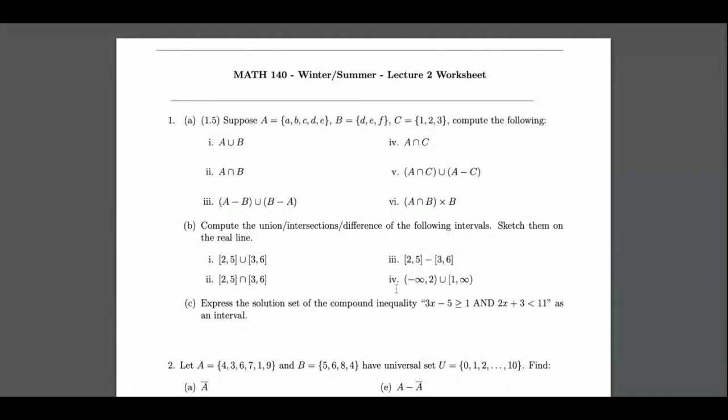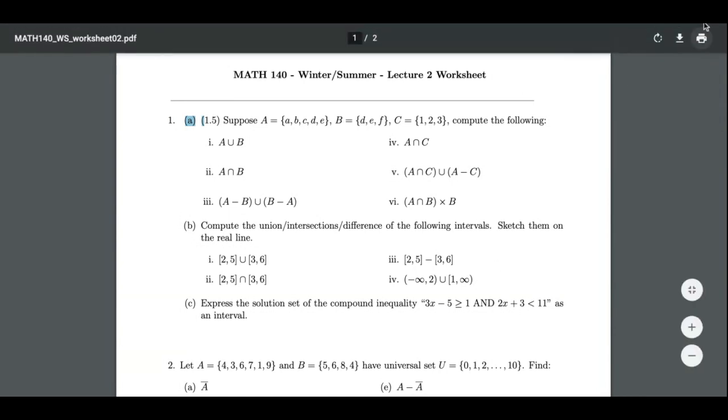Okay, let's try one. Let's try 1A first. You may type in your answer in the chat. Remember you have participation grades. Participation grades come from asking questions and answering questions. We'll try the classwork.